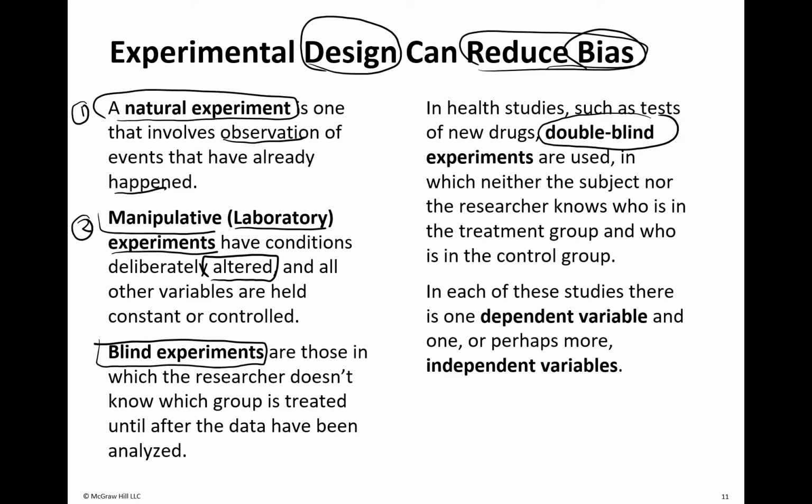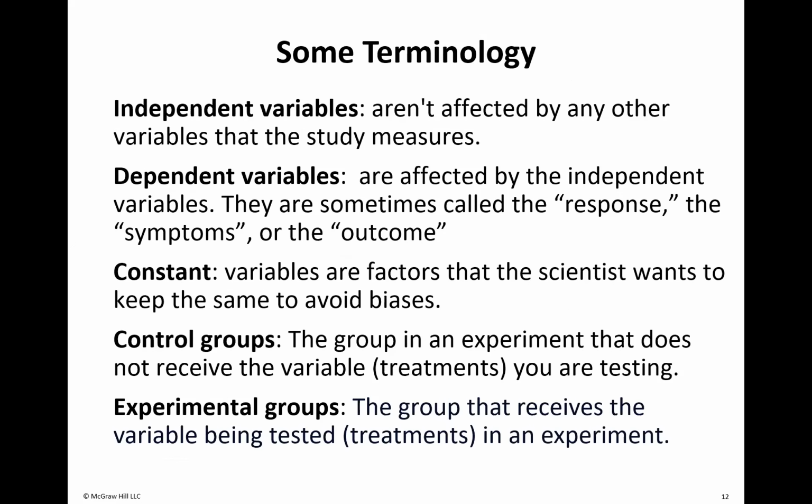In each experiment or study, we usually have what we call the dependent variables and the independent variables. What are these variables? We'll see on the next slide. Okay, some terminology. The independent variables are the variables that are not affected by any other variables that the study measured.